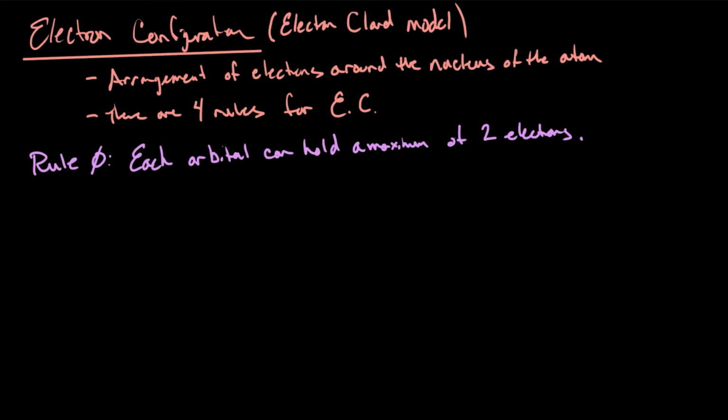It is a region of probability space, which means it is a volume, right? It's a space around the nucleus of the atom where you are going to find an electron that has a particular amount of energy 95% of the time.